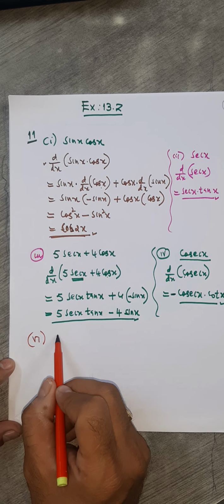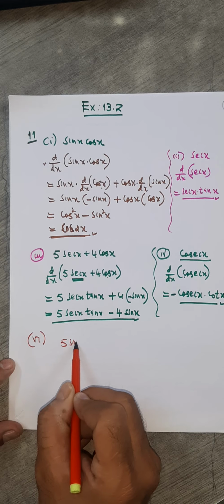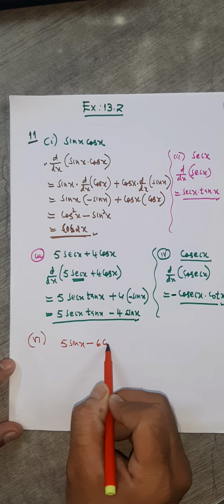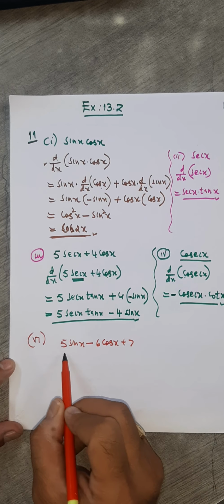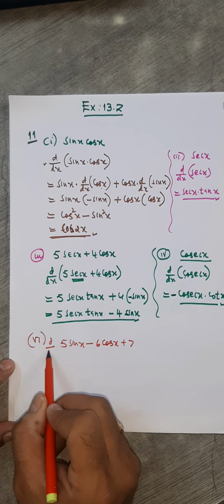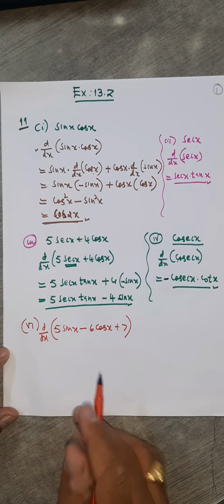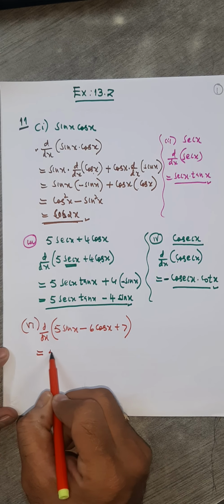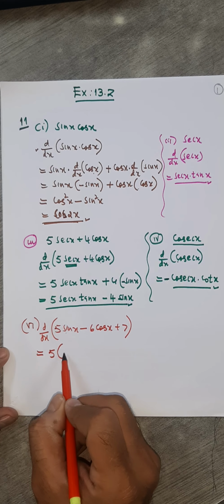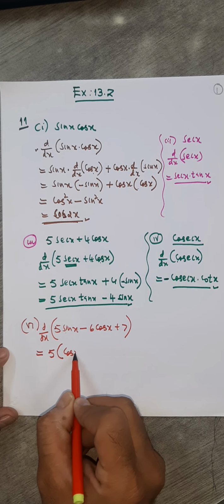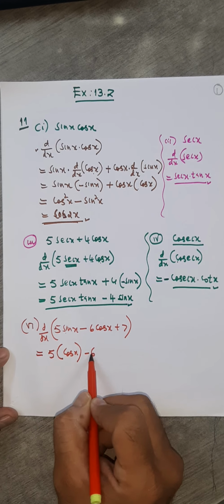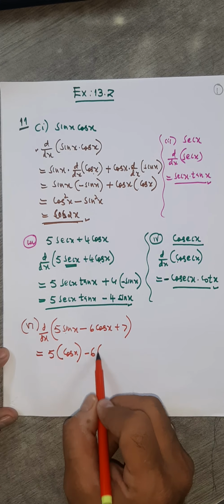5th you can try. You have 5 sin x minus 6 cosine x plus 7. This is a function. You want derivative of this. So d by dx of this function. 5 being constant as it is. What's the derivative of sine? It is cos x. Minus 6 being constant with the function as it is.